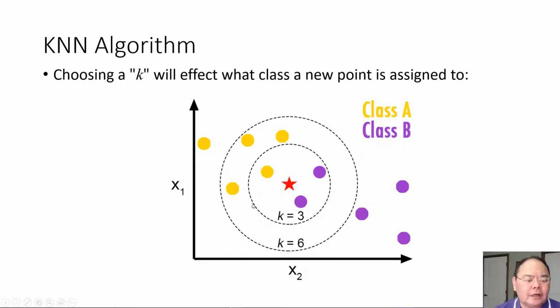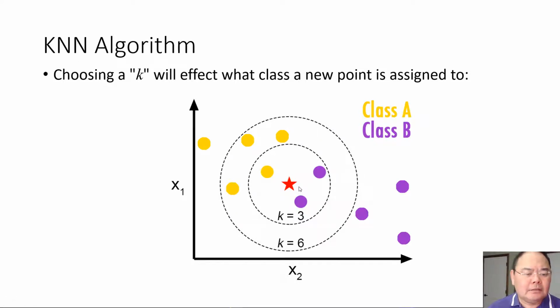In this case, the majority is class A, so this new point will be classified as class A since there are more neighbors of that class in the neighborhood. So the trick of this algorithm really depends on how you choose the size of your neighborhood, and then it is simple counting and voting for the majority.